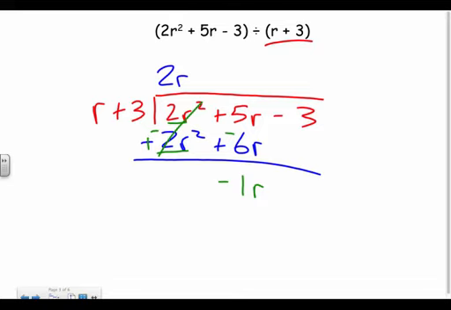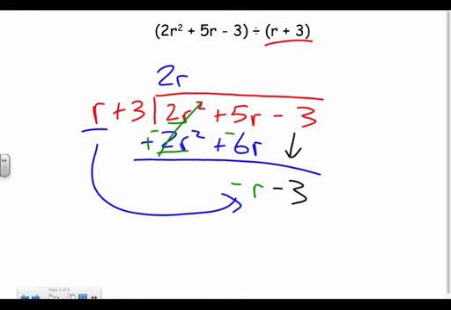That's perfectly fine. Well, then we bring down our negative 3, minus 3. And I don't like to have this negative 1 in front of my r, so I'm just going to make it a negative r. I don't need that 1 there. Well, then I got to think, what do I need to multiply by? What do I need to multiply this r by to get it to a negative r? Well, just negative 1. So negative 1. And negative 1 times r, right?